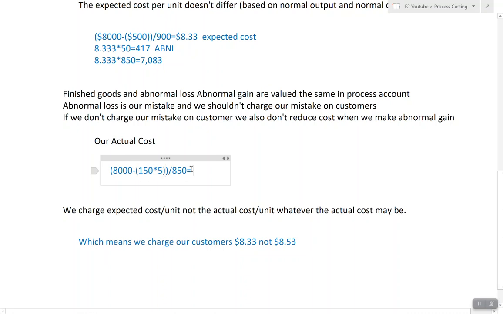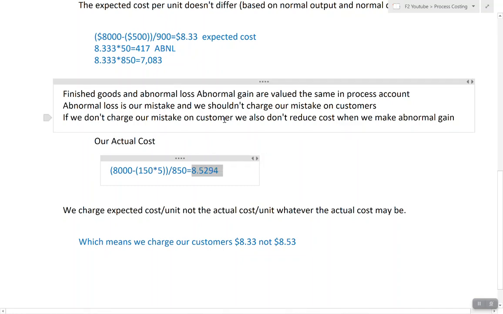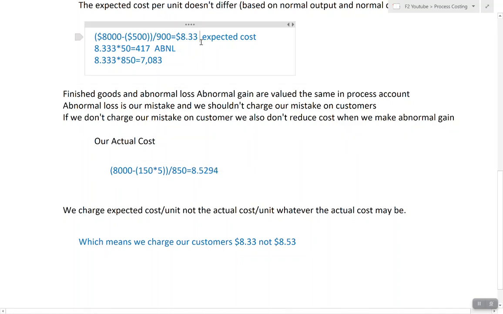So if I divide that by 850, our cost becomes 8.52. But we don't charge 8.52, we charge 8.33. By charging, I mean the cost. Obviously, we will add a profit, but the cost that we consider would be 8.33, not 8.52, because the 50 units extra loss is something that is our mistake, whether a mistake in estimate or a mistake in actual production.